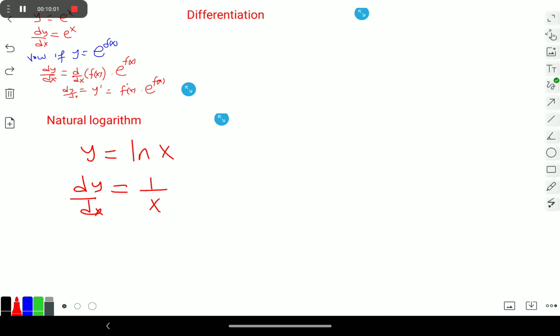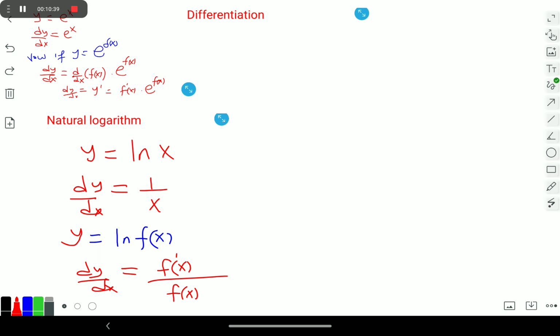And then it results into the format like, if y is equal to ln f(x). So for this one, generally it results into dy/dx is equal to, we get the derivative of the function and put it up, then divide by the original function, which is f(x). That's it.